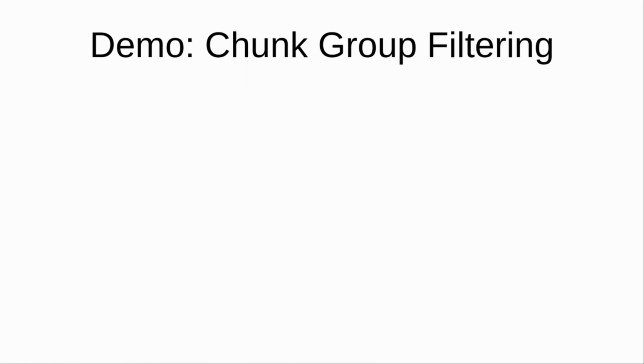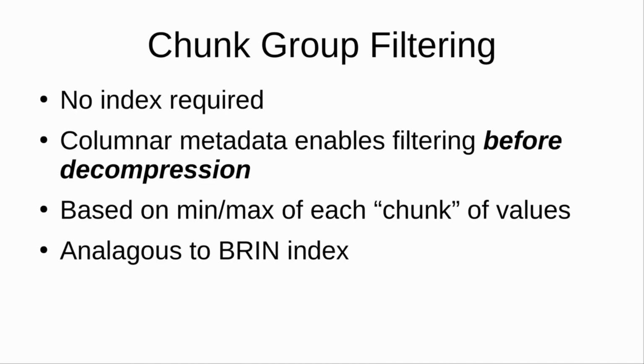Chunk group filtering works very much like an index, but there's no index required. It uses the metadata for the columnar table, and it's automatically available for every column of every columnar table.